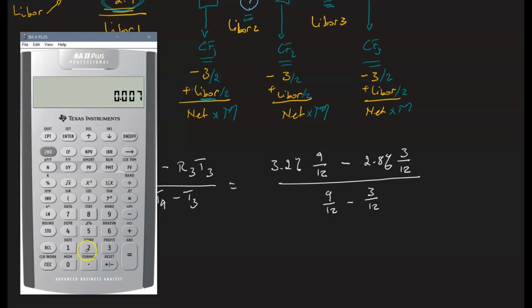I'm going to store that in 2. And I'm going to do 9 divided by 12 equal, times 0.032 equal. I'm going to store that in 1. And that's going to be 9/12 minus 3/12, that's 6/12, that's 0.5, so 0.5 there.